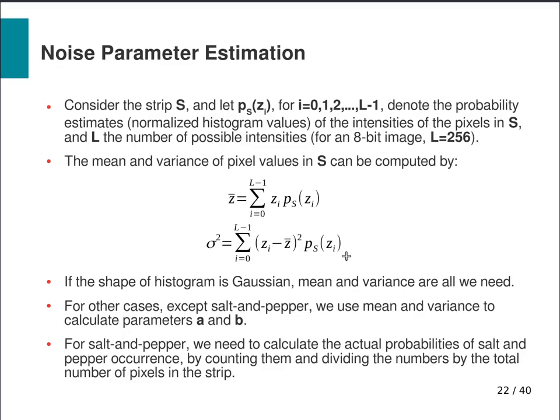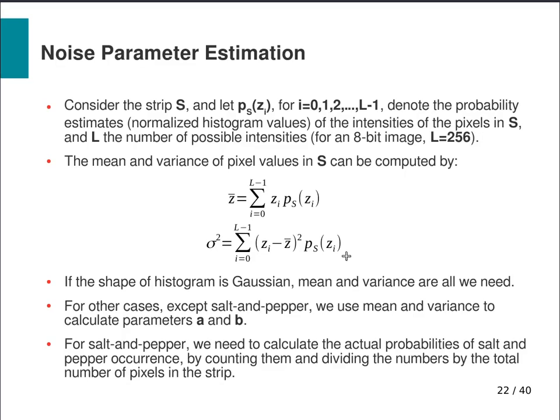For salt and pepper, you can calculate the actual probabilities of salt and pepper noise by counting them in the patch and then dividing the total number of each occurrence by the total number of pixels in the strip.